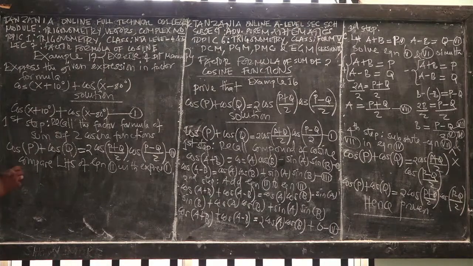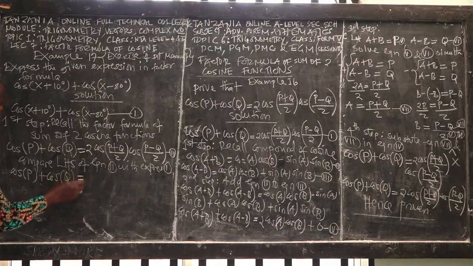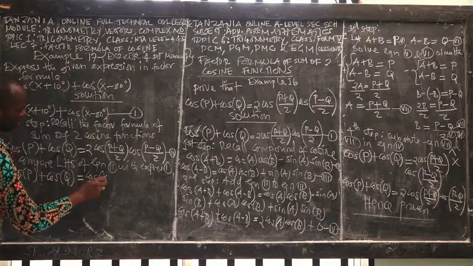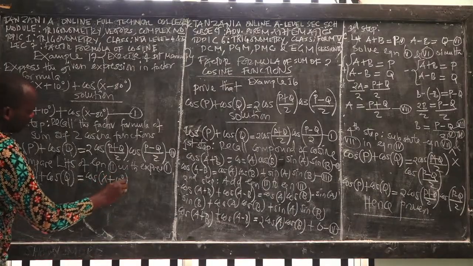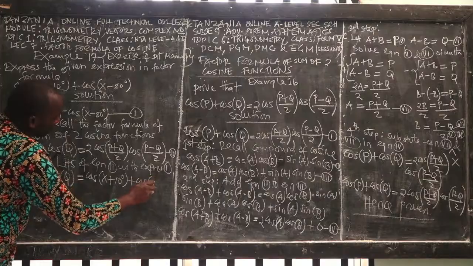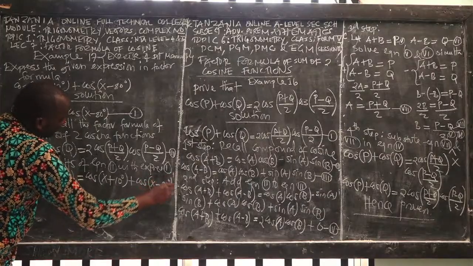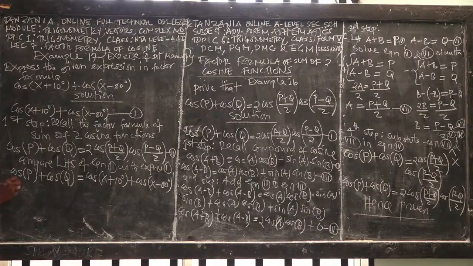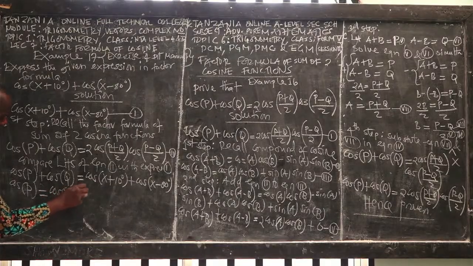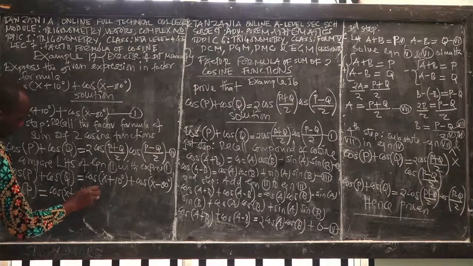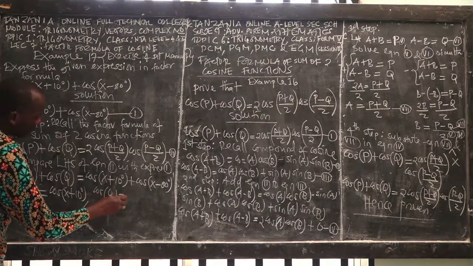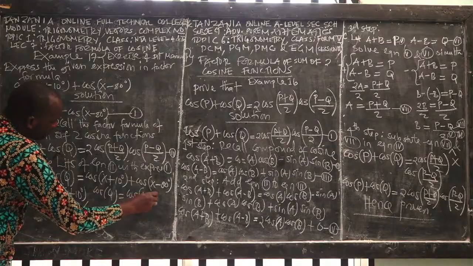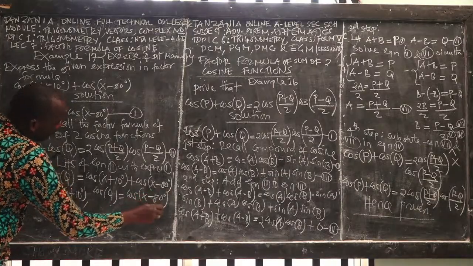So what do we have? We have cosine of P plus cosine of Q equal to cosine of X plus 10 degree plus cosine of X minus 80 degree. If you compare, cos of P is equal to cos of X plus 10 degree, and cosine of Q is equal to cosine of X minus 80 degree.